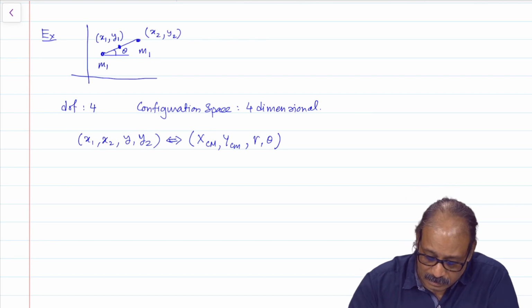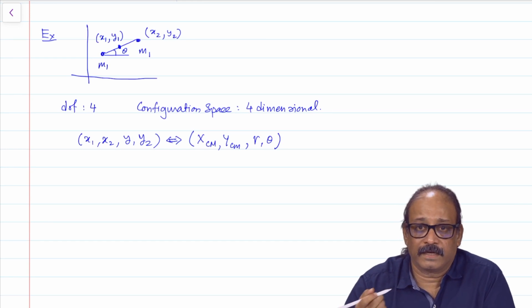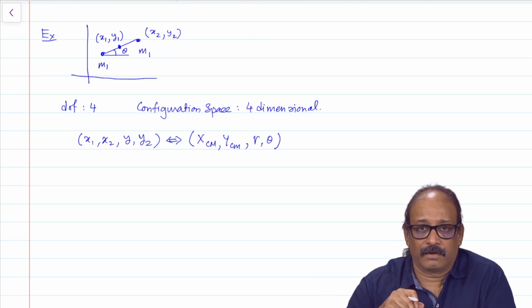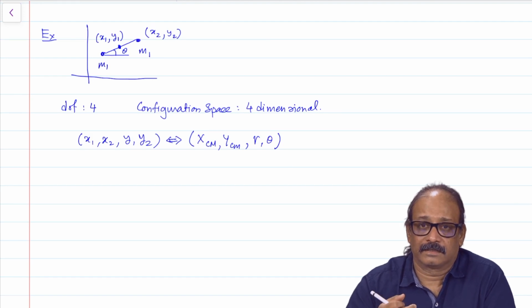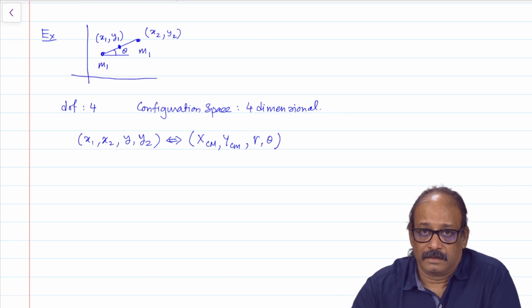Of course, you see that none of these 4 coordinates, x center of mass, y center of mass, r or theta, actually refer to the coordinates of any individual particle. All the original coordinates are involved not just linearly, but non-linearly in these 4 coordinates.